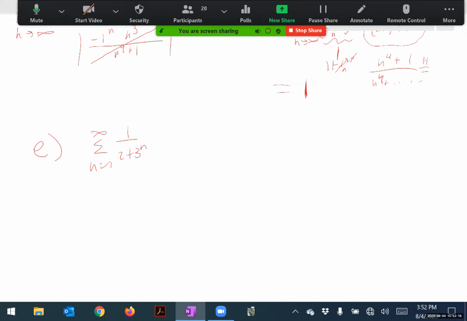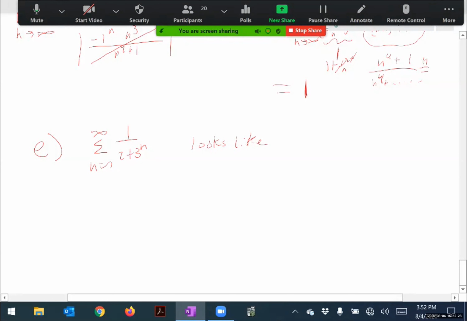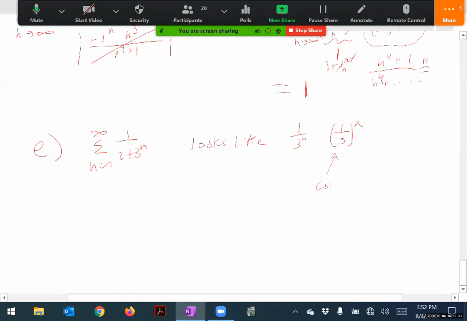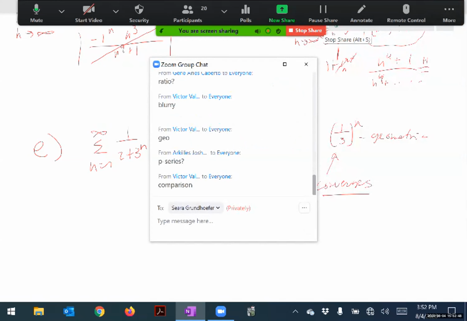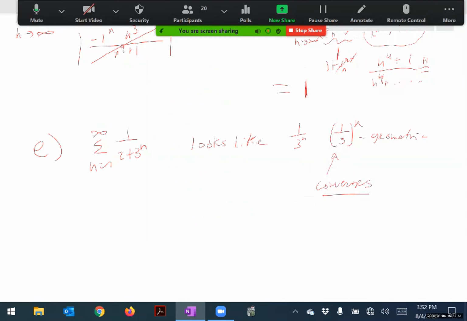It looks like this guy, 1 over 3 to the n, which is 1 over 3 to the nth power. And that guy we know converges, because he's geometric. So yeah, comparison. We want to compare this one to this guy. So this is the comparison test again.